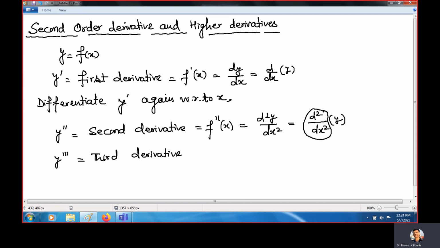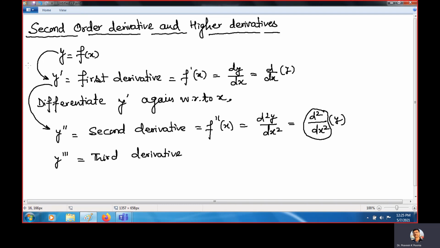Clear? So if y is the function, then first we will differentiate y. We will get y dash. If we want to get y double dash, then you need to differentiate y dash. You cannot get y double dash directly from y.